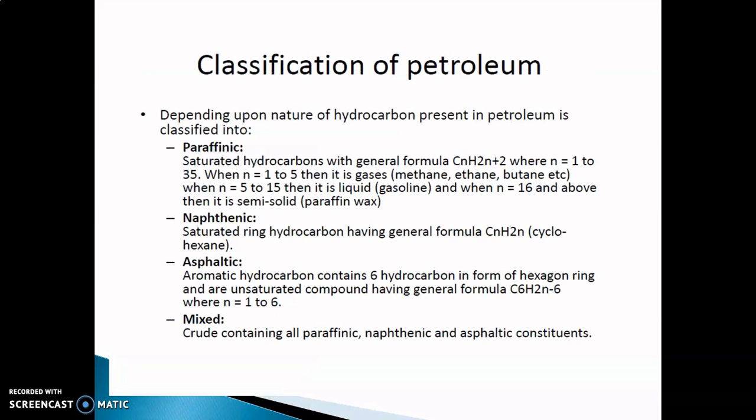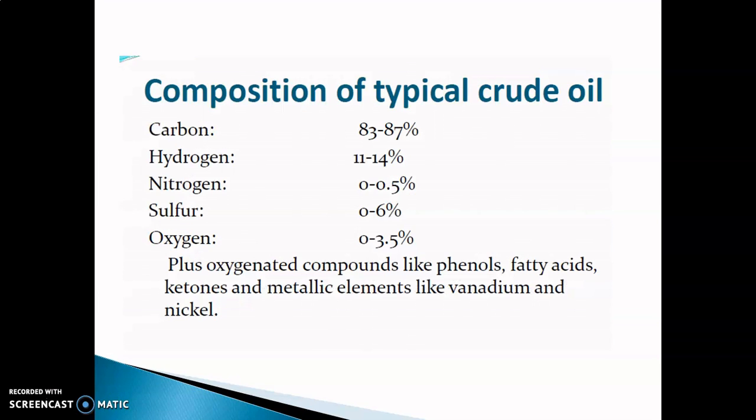And as I told you, classification of petroleum depends upon the nature of the hydrocarbon present. There are 4 different forms of hydrocarbon: paraffinic, naphthenic, asphaltic, or all 3 mixed together.